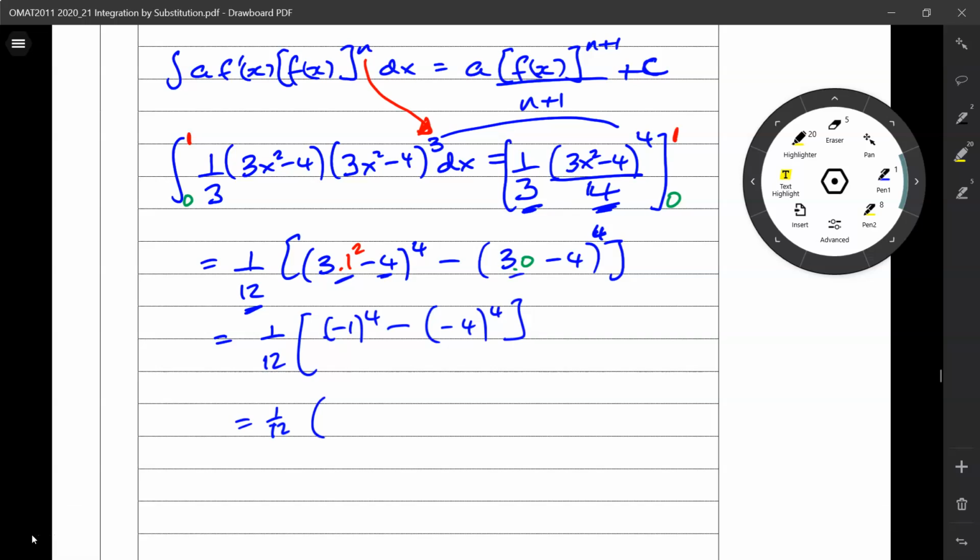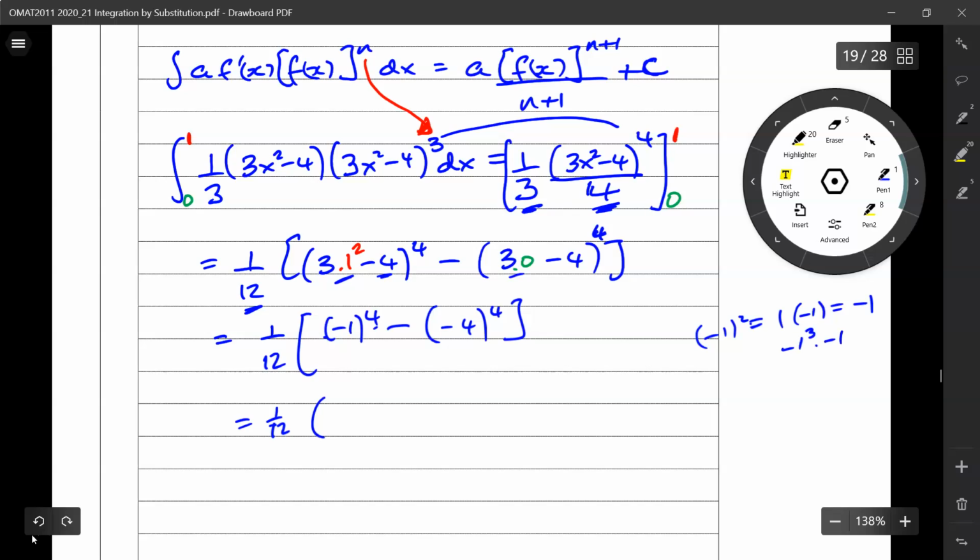Any negative number brought to a positive power: minus 1 squared is plus 1. If I multiply by minus 1 again, I get minus 1, and that's minus 1 cubed. And if I multiply by minus 1 again, I have minus 1 to the power of 4, which is equal to plus 1. So remember, if the power is even and the number is negative, it will become positive. So minus 1 to the power of 4 is plus 1.